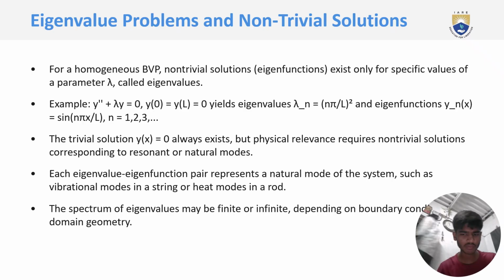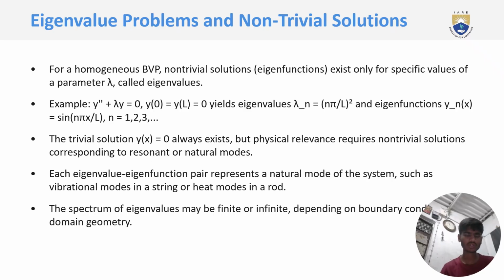Example: y double prime plus lambda y equal to 0, y of 0 equal to y of L equal to 0, has eigenvalues lambda n equal to n pi by L squared and eigenfunctions y n of x equal to sin of n pi x by L, where n equal to 1, 2, 3. The trivial solution y of x equal to 0 always exists, but physical relevance requires non-trivial solutions corresponding to resonant or natural modes.